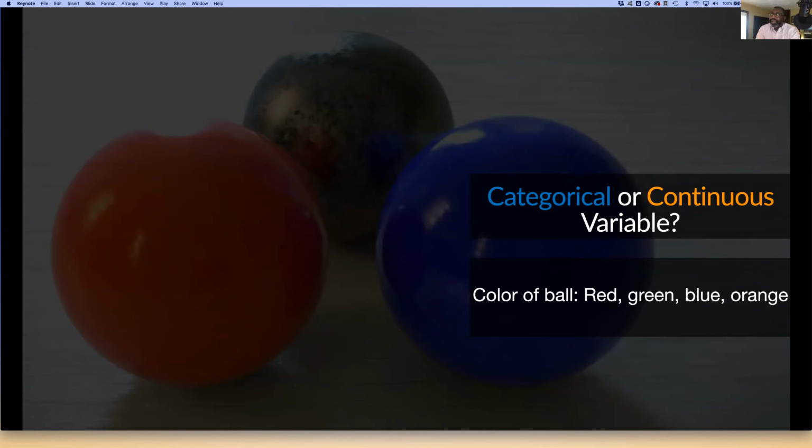If you want to examine the level of red, that would be a whole different kind of examination versus how many folks drove green cars. And this is how we get into frequencies.